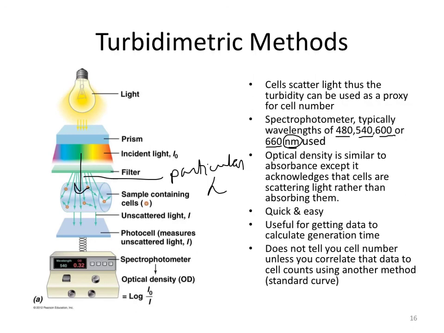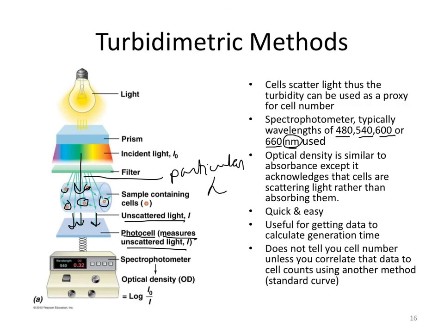Nanometers is the unit used for measuring the wavelengths of light. What'll happen is some of the light will hit cells, okay? And when it hits cells, it will scatter, all right? The unscattered light will make it through to the detector, and the photocell or detector will measure the unscattered light, okay? That's what the spectrophotometer is doing.